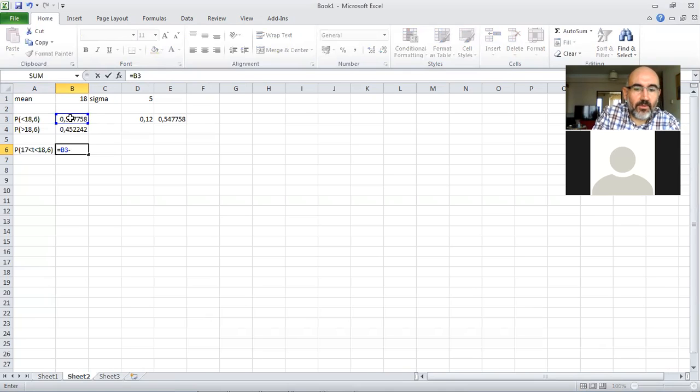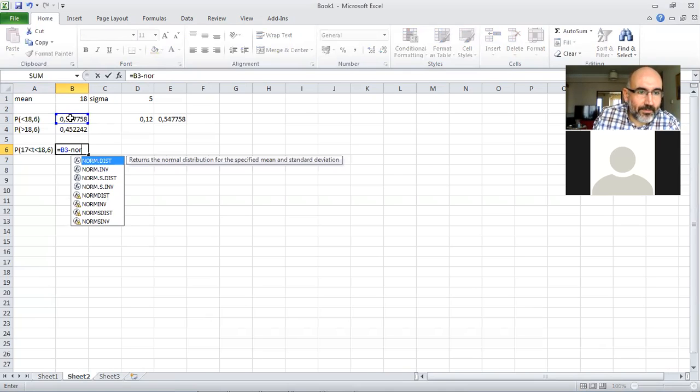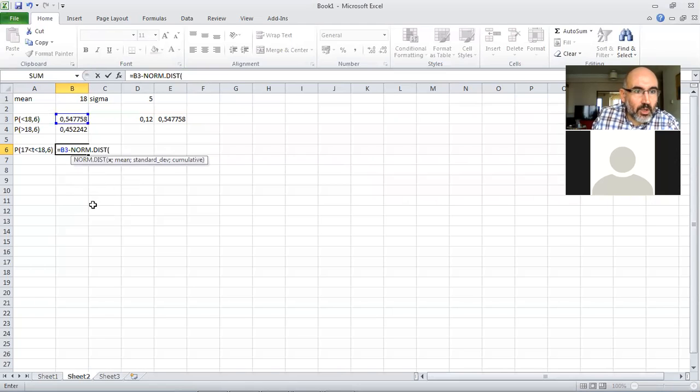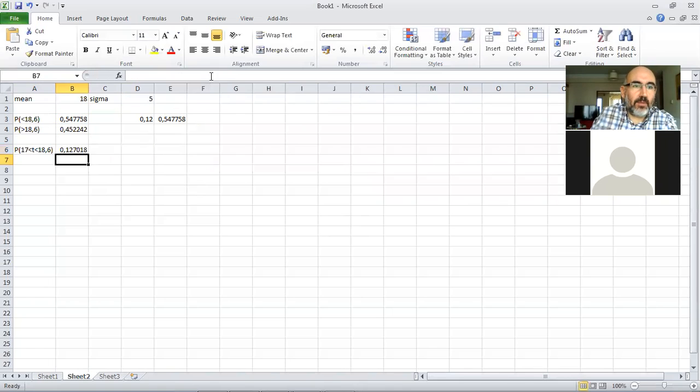Then I subtract from it the norm.dist value for 17, with mean 18 and standard deviation 5. The older version of the function works the same way. This one requests that final cumulative parameter. So the area under the curve between 17 seconds and 18.6 seconds can be calculated in this fashion.